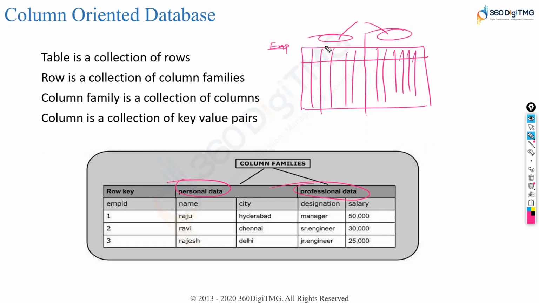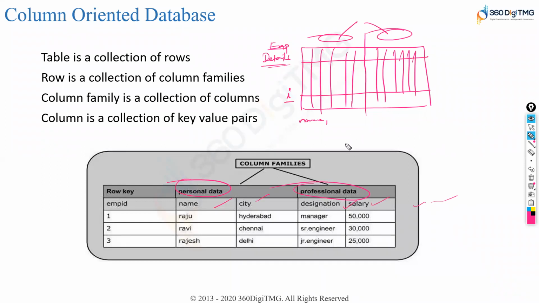Right? Now, when we read the employee details, when I talk about the employee table, I will talk about an employee I. So when I look at this employee I, I will talk about his name, his location, designation, salary, so on and so forth. This is how you look at the regular data, right?